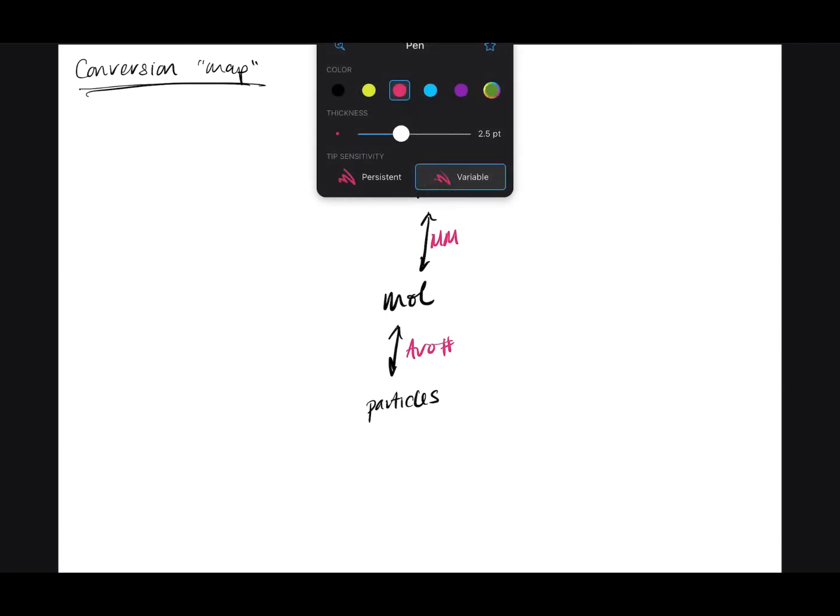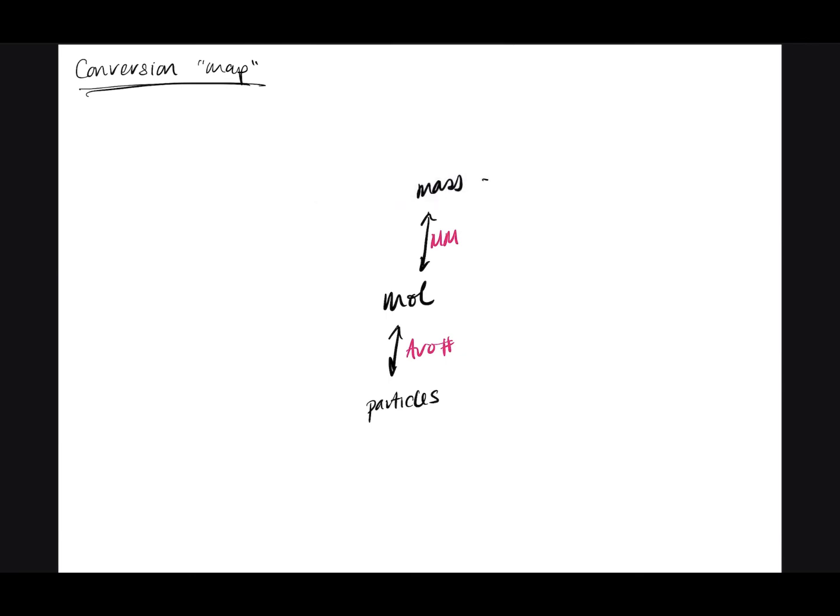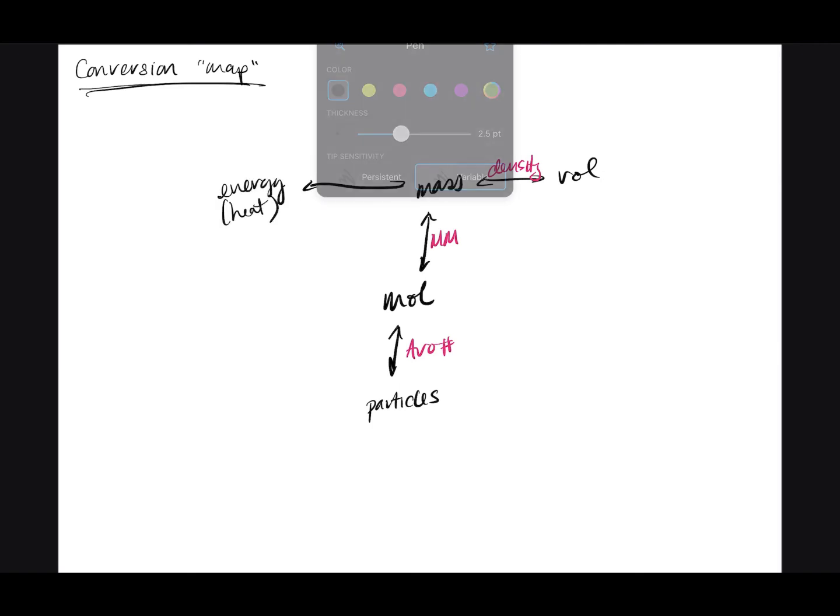So from mass, we can convert to volume using what? Using density. We can convert from mass to, what else? Mass to energy or heat, using our what? Using Q equals mc delta T, assuming we have all the information for that. We can even take this one step further.